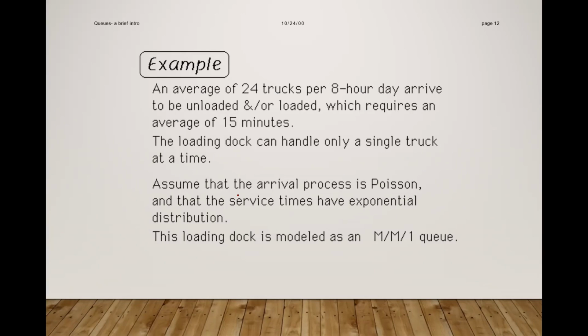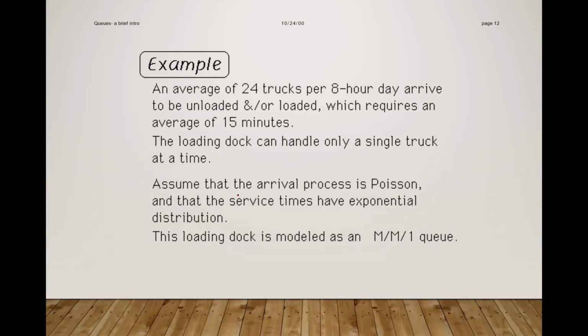An average of 24 trucks per 8-hour day arrive to be unloaded or loaded, which requires an average of 15 minutes. So there are trucks arriving, and it takes them on average 15 minutes to unload what they carry. Okay? And the loading dock can handle only a single truck at a time.